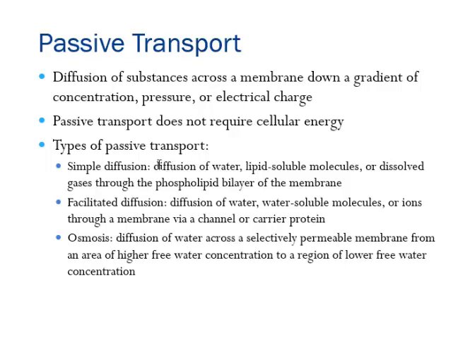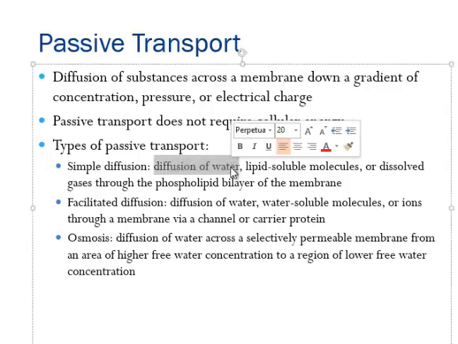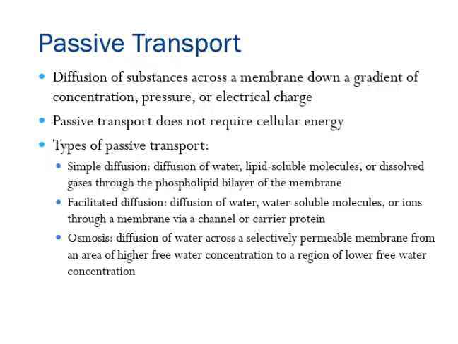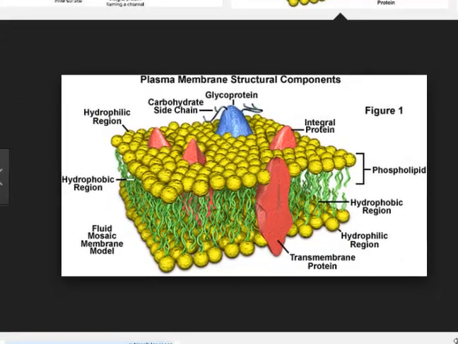The types of passive transport that we're going to look at are simple diffusion, which is a diffusion of either water, which naturally moves from place to place, like through a paper towel, lipid-soluble molecules, or gases, dissolved through the membrane. In other words, things that are so small or so dissolved in the water that they can kind of squeeze in between these fatty materials over here.